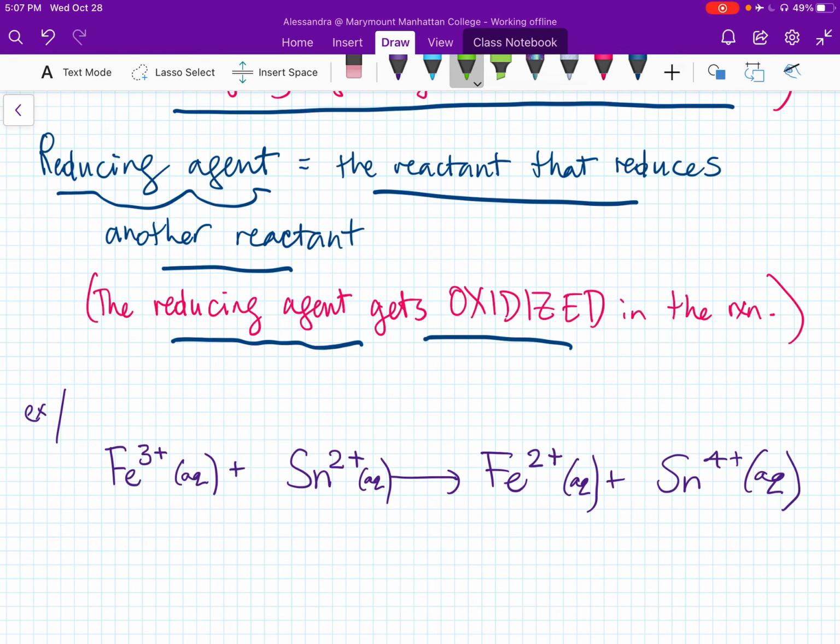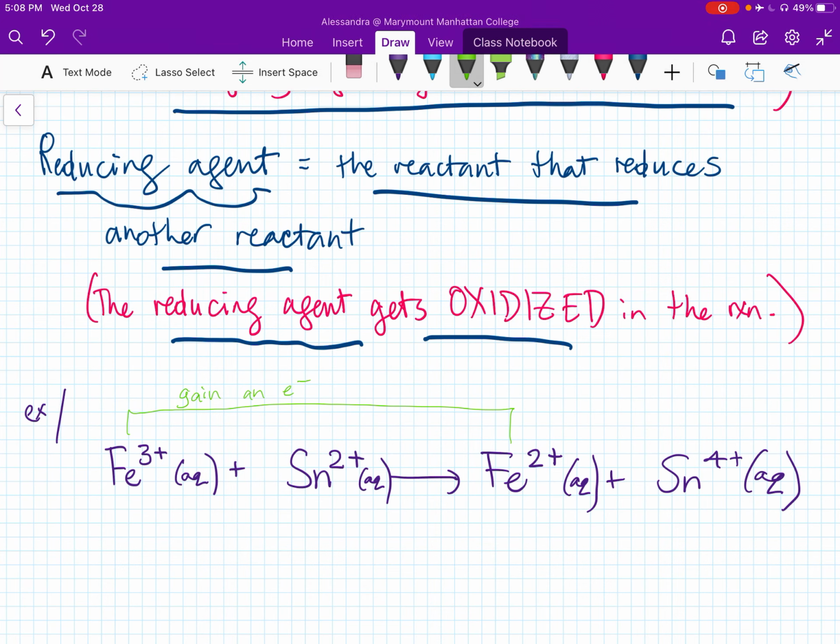Let's look at Fe3+ and what happens to it as we go from left to right. Fe3+ becomes Fe2+. So in order to become less positive, it must be gaining an electron, right? It has to gain one electron to go from 3+ to 2+.